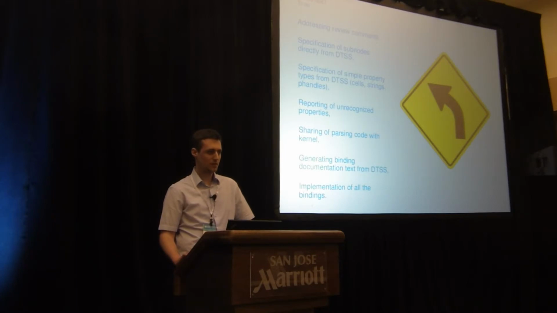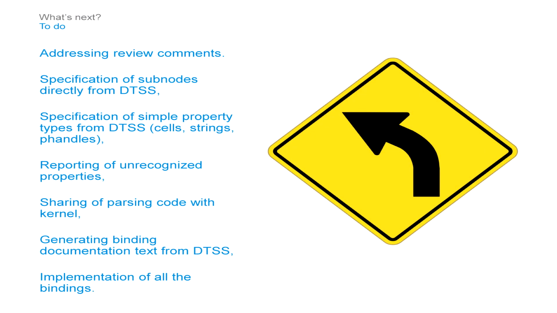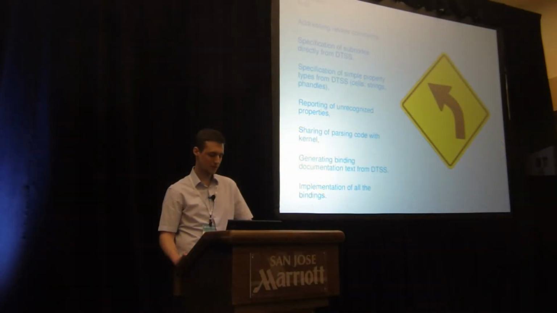Also, the verification could be made a bit more strict. Currently, properties that are not matched by any schema are not reported, but they are supposed to be incorrect. They should be reported as well, at least as a warning.